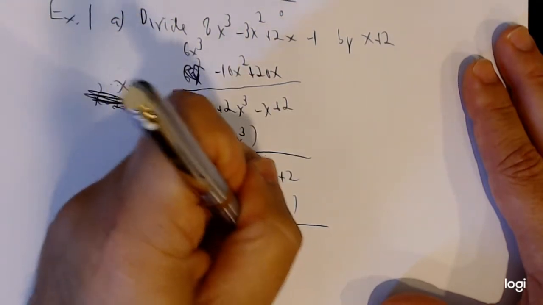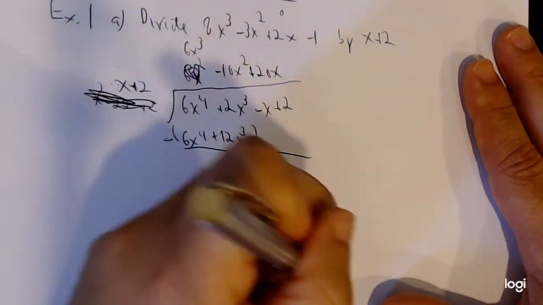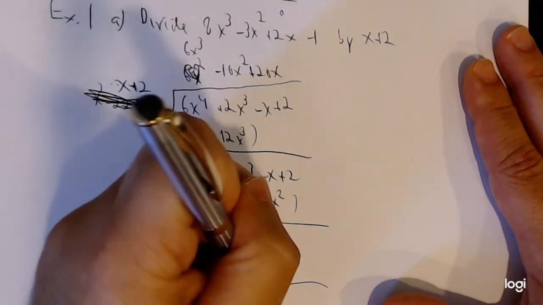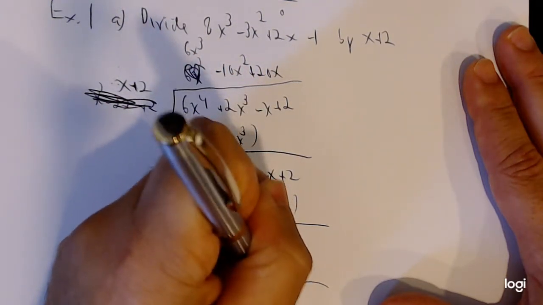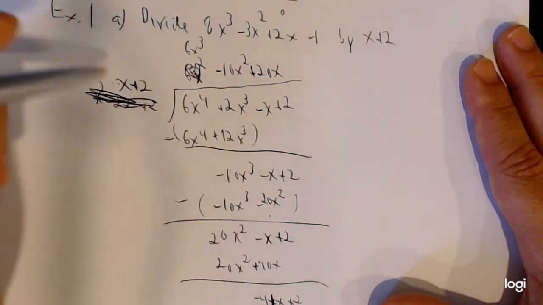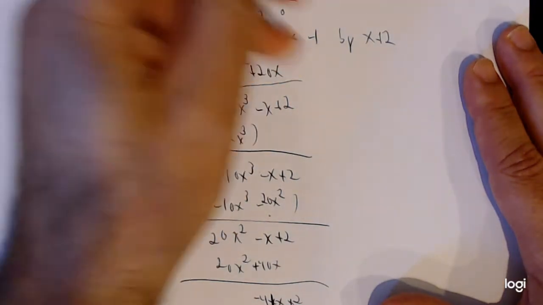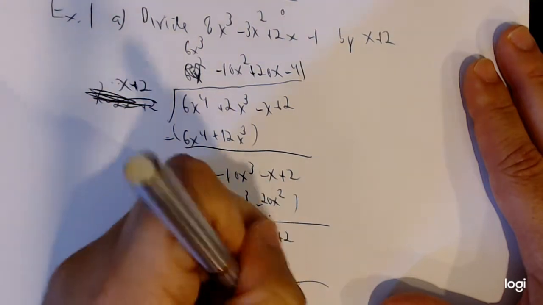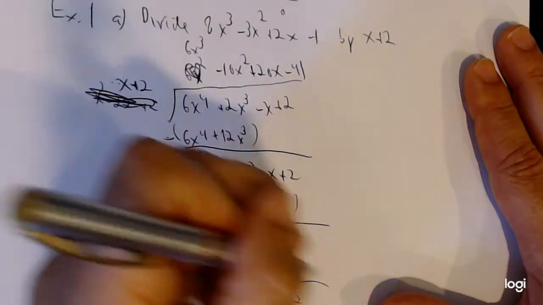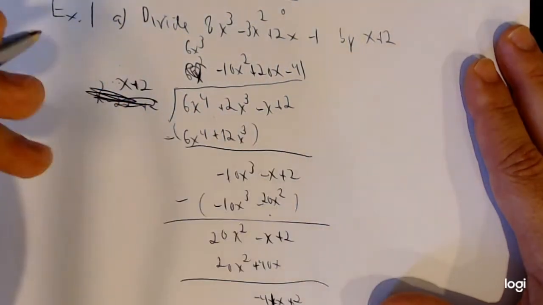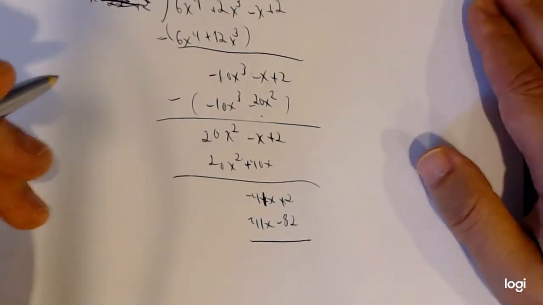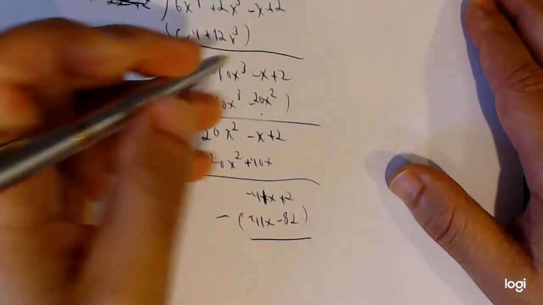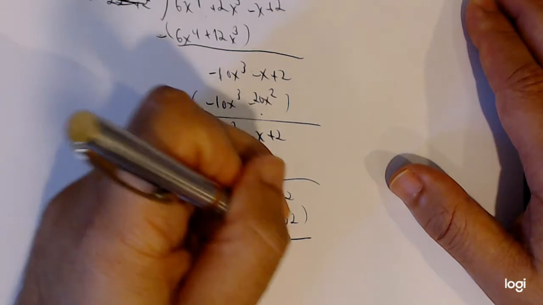plus 40x, and then we subtract and we get negative 41x plus 2, and then lastly we multiply by negative 41, which gives us negative 41x minus 82, and then we subtract them and we get 84.